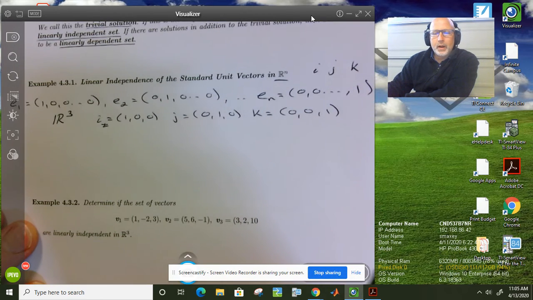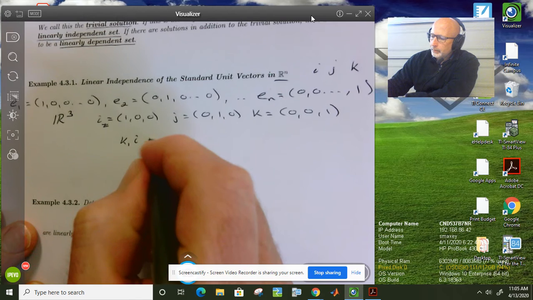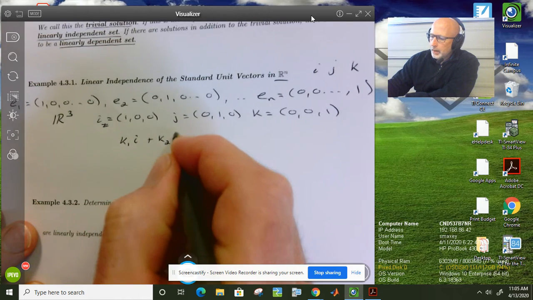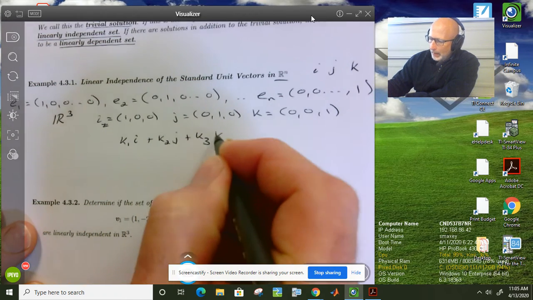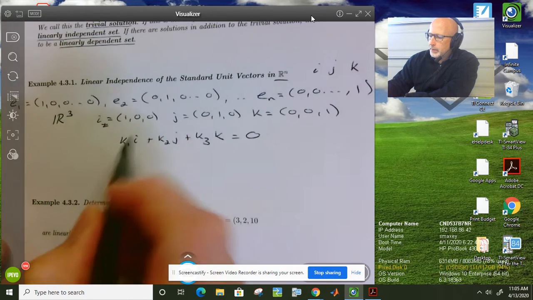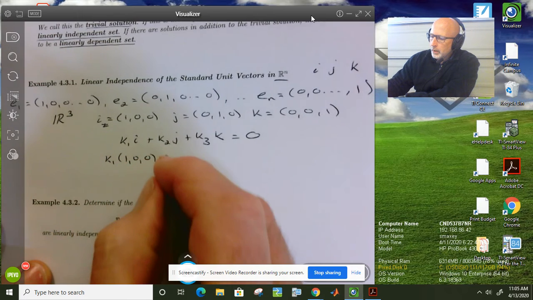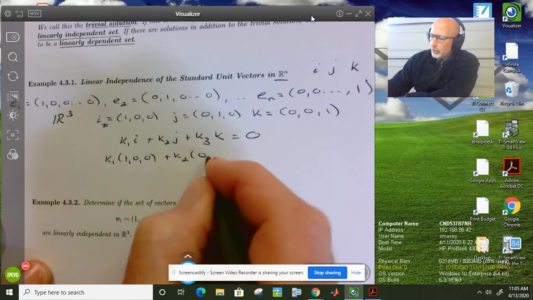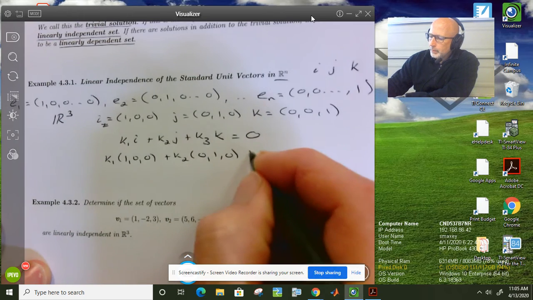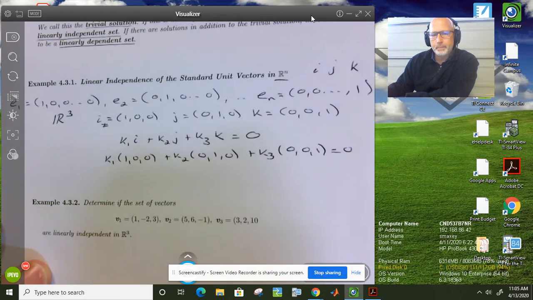If I write a linear combination of these and set it equal to 0, so I have k1 i plus k2 j plus k3 k is equal to 0. And if I write in what i, j, and k are, so k1 times 1, 0, 0, plus k2 times 0, 1, 0, plus k3 times 0, 0, 1 is equal to 0.